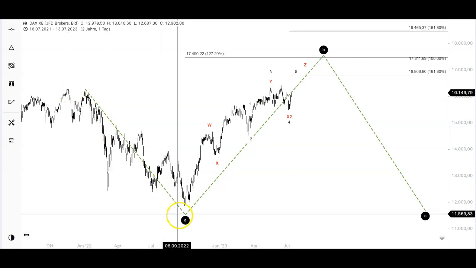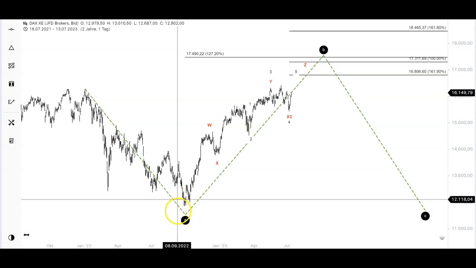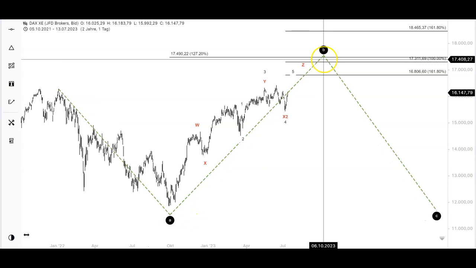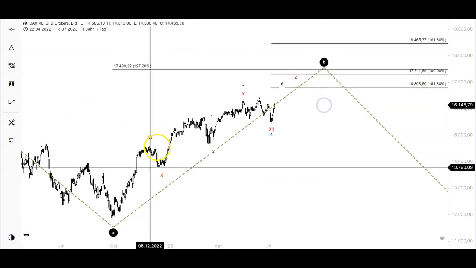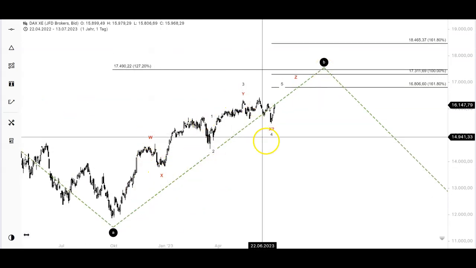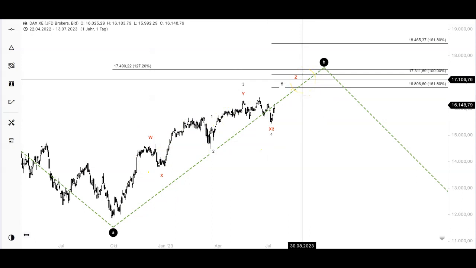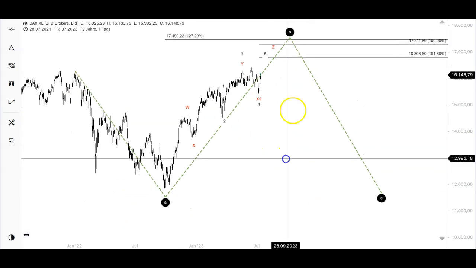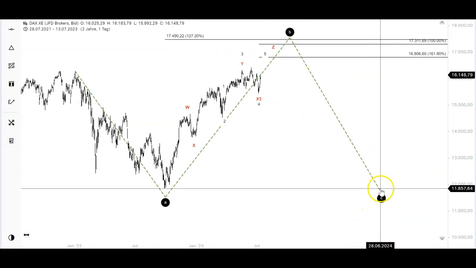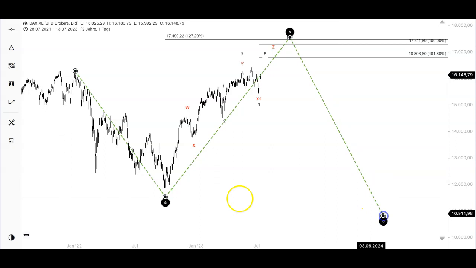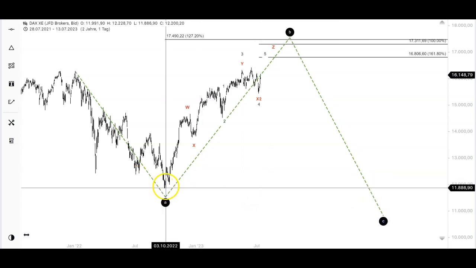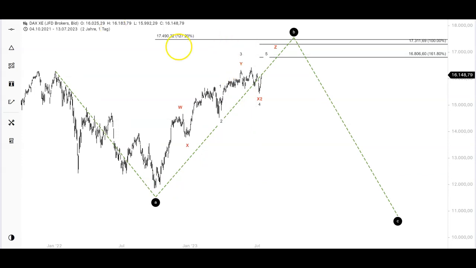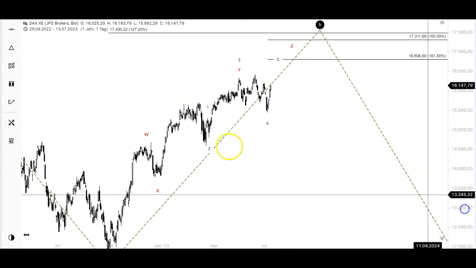We still see this here as our first leg to the downside, as leg A, then B, which consists of the W, X, Y, X, Z correction, in other words, corrective waves. And then there should be the impulse to the downside as leg C, and that usually goes beyond that point. In other words, we see another low. That's about Elliott.